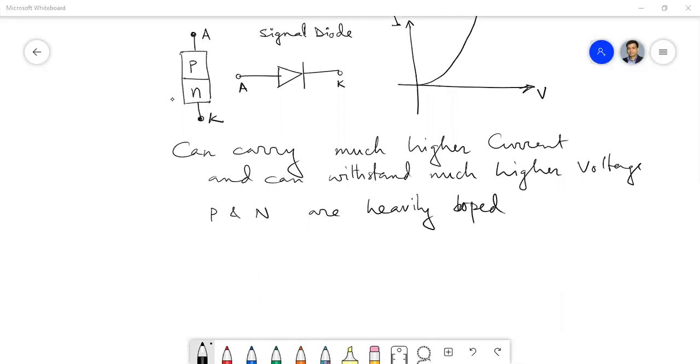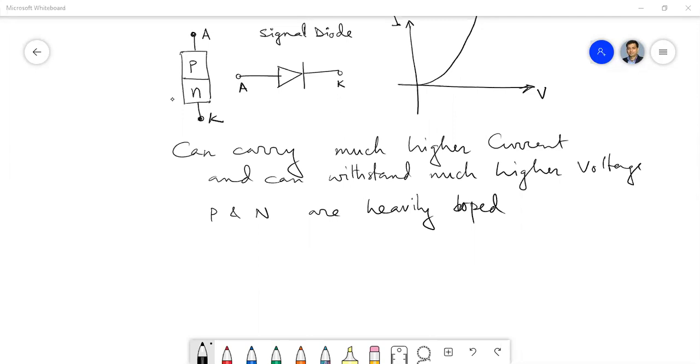Okay, so doping means introducing something which is not there, isn't it? So for the P substrate, what kind of doping can you incorporate?